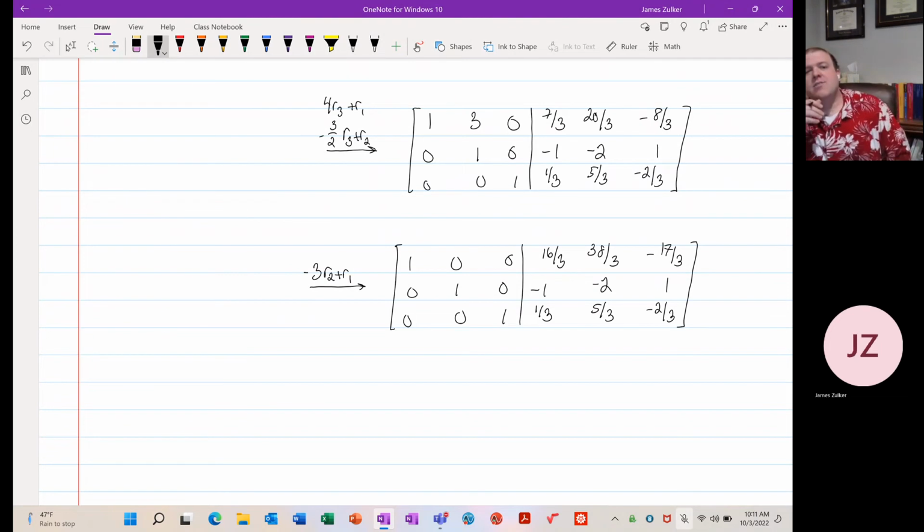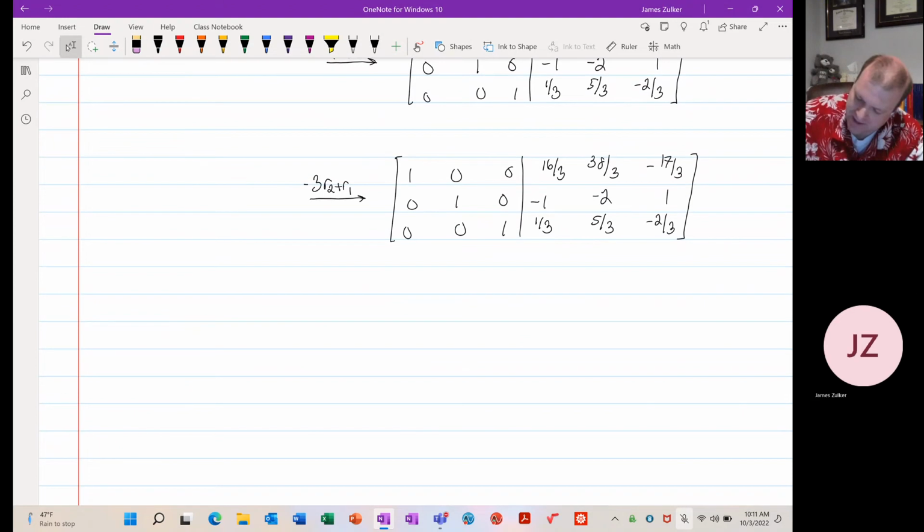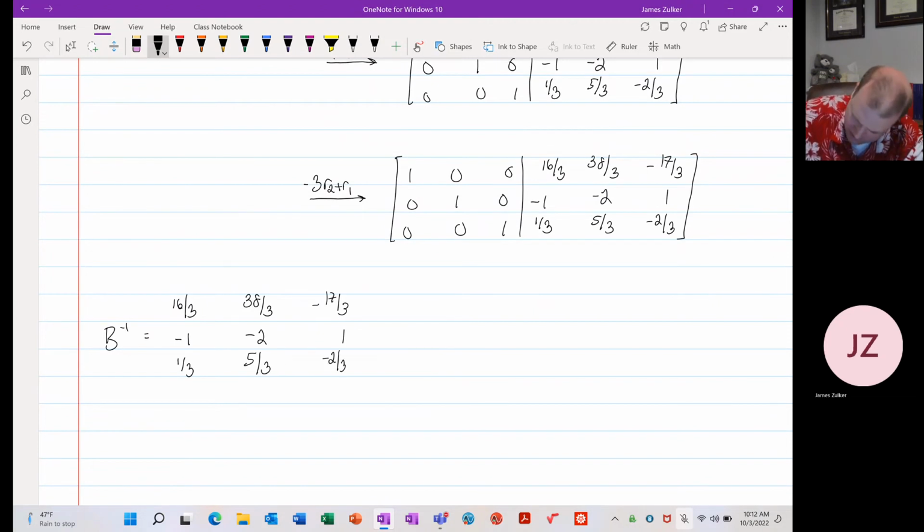So we see we get on the left-hand side the 3 by 3 identity, which means the matrix on the right-hand side is our B inverse. And we're now set.